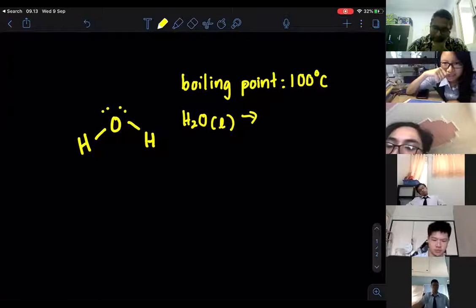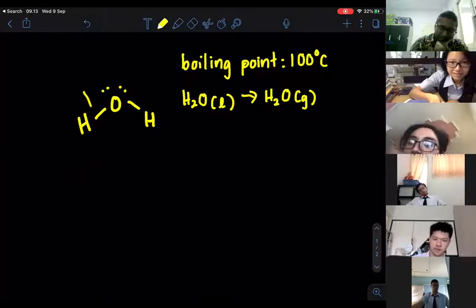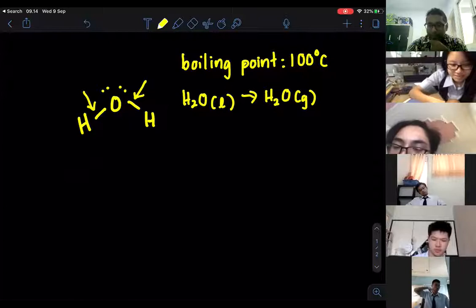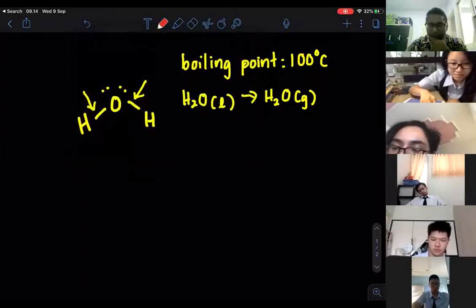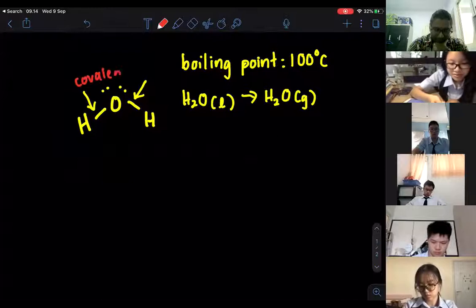Gas. Okay, so you are getting H2O in the form of gas. Now, what is this type of bonding? Justin? O and H. What is that? Covalent. Okay, good. So it's covalent bonding.